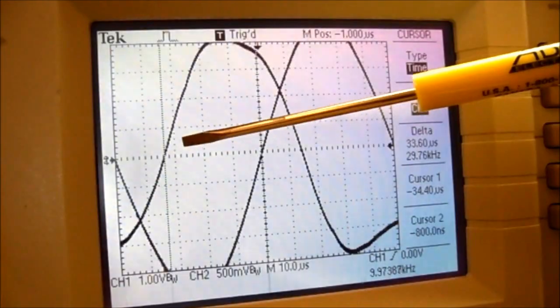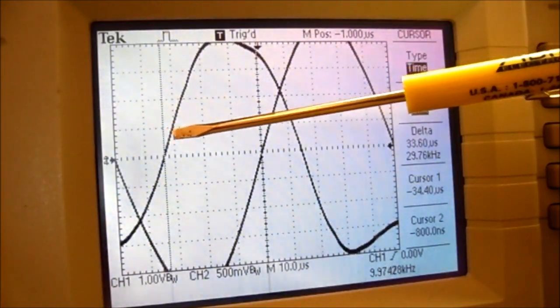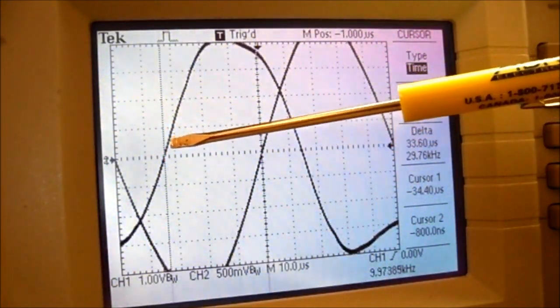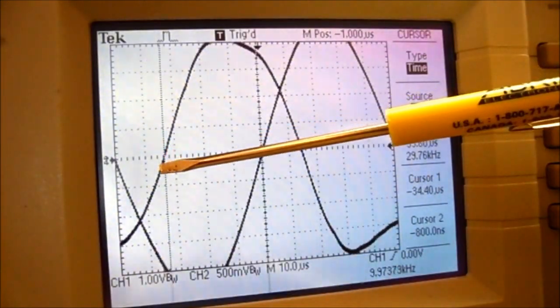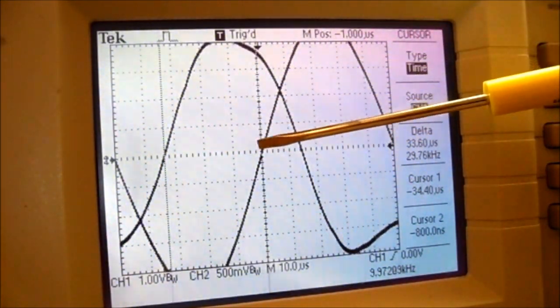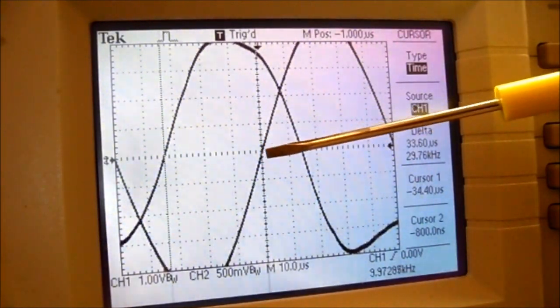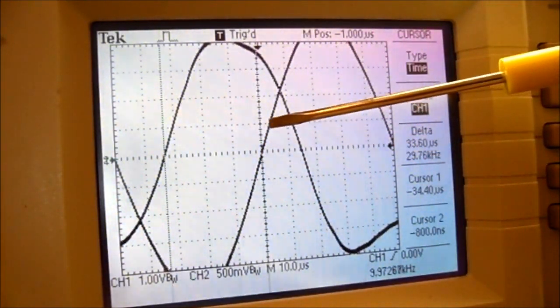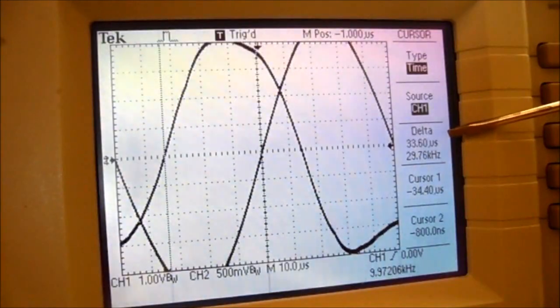So I've adjusted my first cursor so it goes through the first waveform, which is the inductor and resistor in parallel. My second cursor goes through V_in. So you can see my delta is 33.6 microseconds leading.